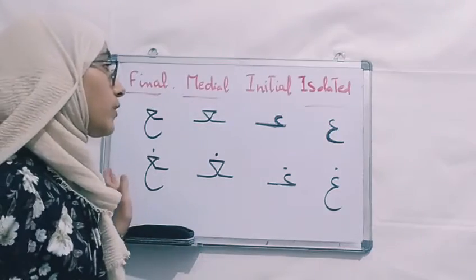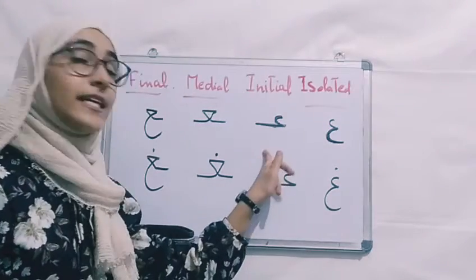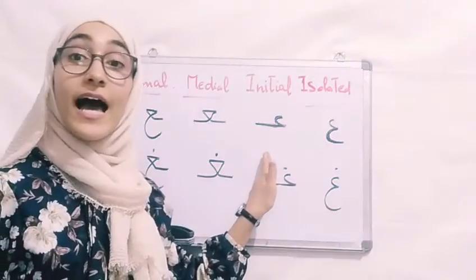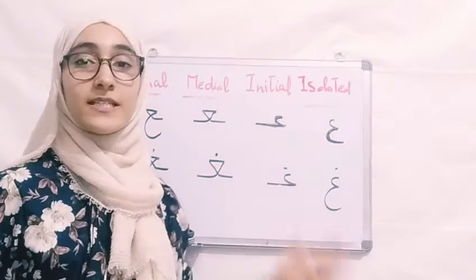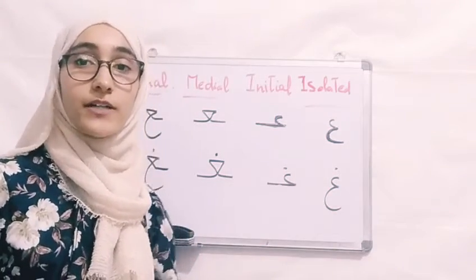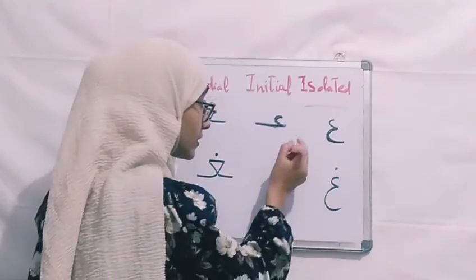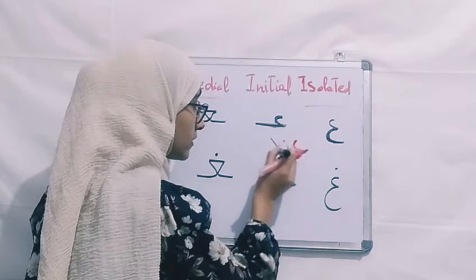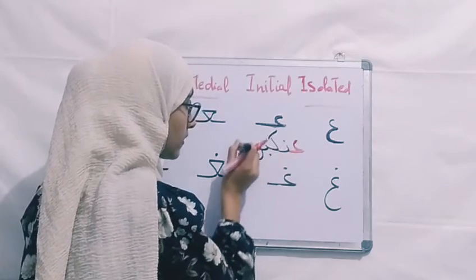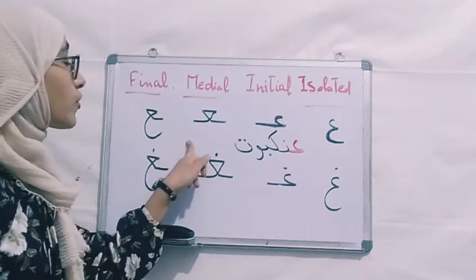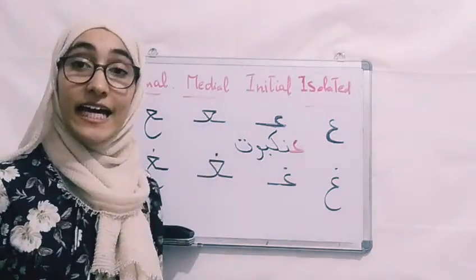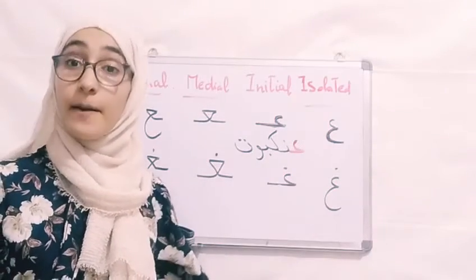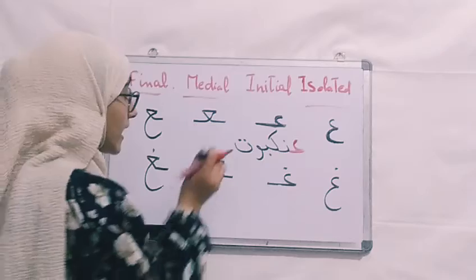So let's give an example. In ayn, for example, we have ankabut. Ankabut means spider. In the middle form, for example, we have Sa'id. Sa'id means happy.